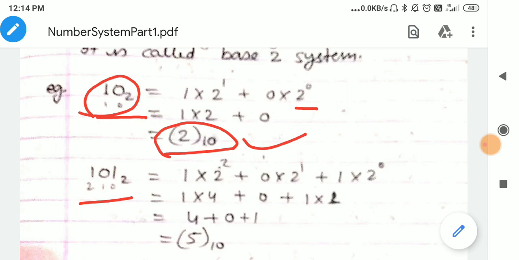So 2 to the power 2 is 4. 4 into 1 is 4, and 0 multiplied by anything becomes 0, and 2 to the power 0 becomes 1, so I have written here 1 into 1. Now it comes 4 plus 0 plus 1, that is 5 in decimal. So 101 in the binary number system becomes 5 in decimal.